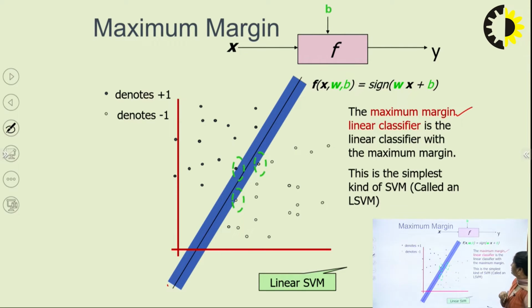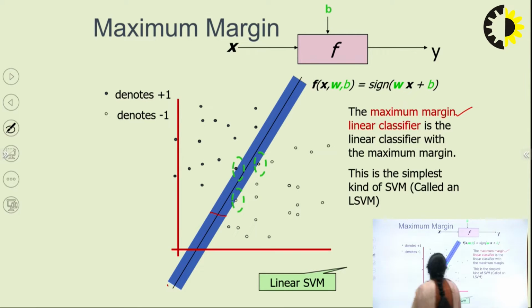How does SVM work? It finds the maximum margin linear classifier. It is the linear classifier with maximum margin. In comparison to the previous one, we have a bigger margin. This is the simplest kind of SVM. We call it linear SVM. This is our linear SVM.